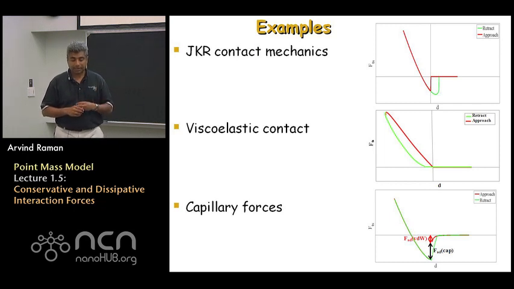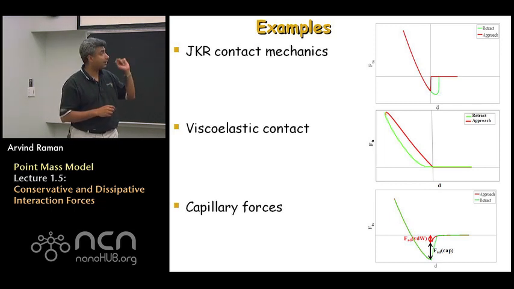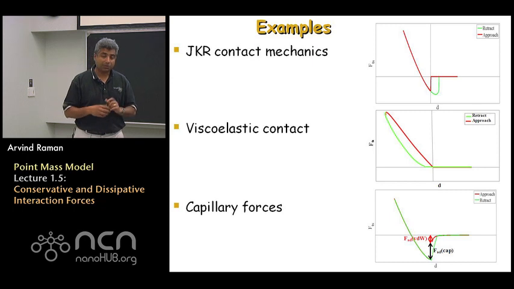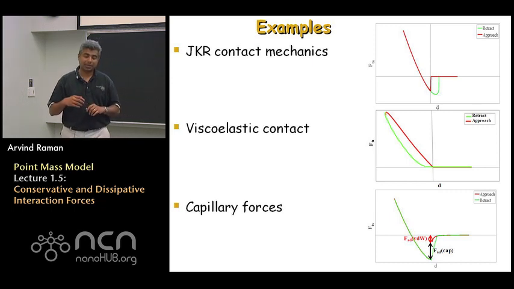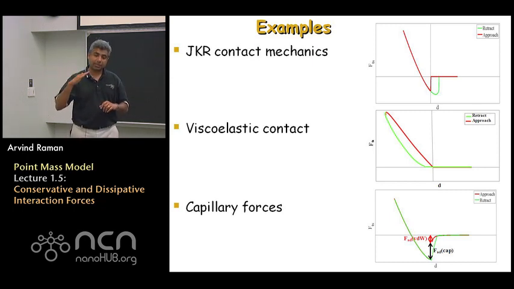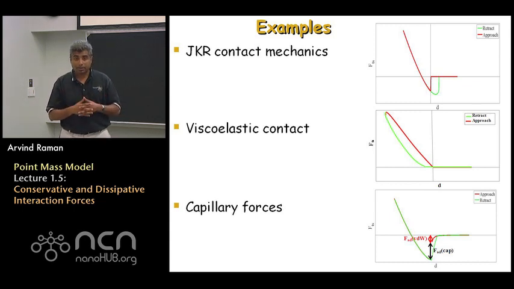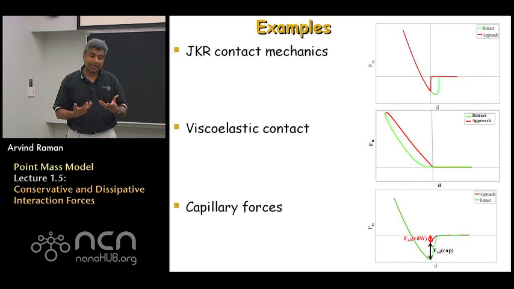Another typical example is shown in the second figure on the right, which is viscoelasticity. In this case, when the tip comes in and presses into the sample, typically a polymeric sample, there is viscoelasticity in that as you press on the sample, there's a relaxation associated with the material: you're applying a strain to the sample, but the stress doesn't develop at the same rate.